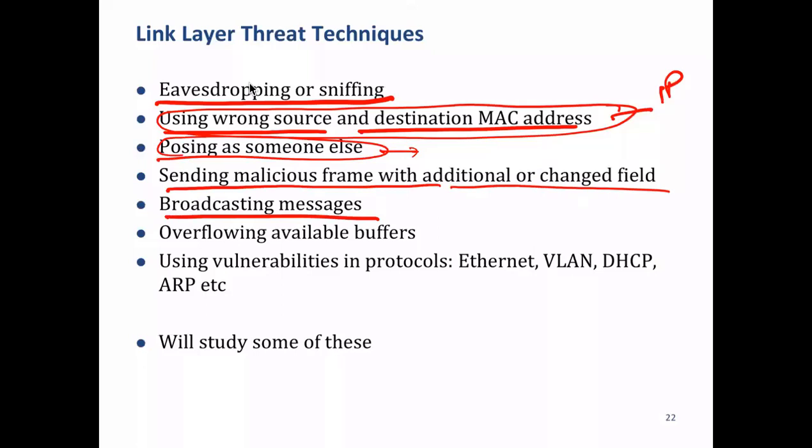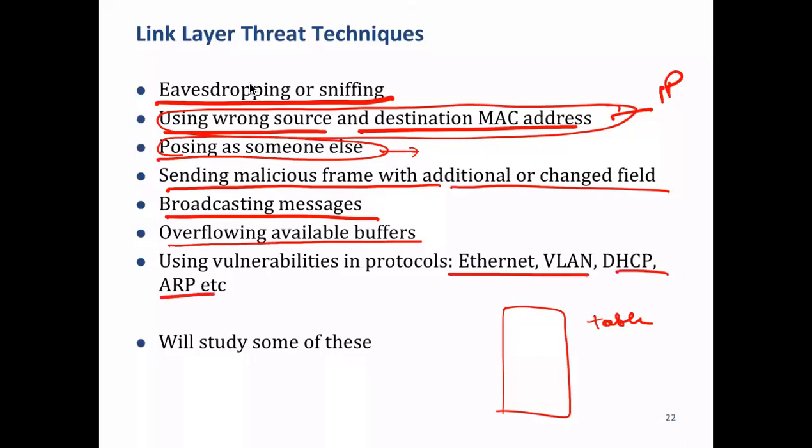It will unnecessarily choke the whole switch after some time. We can overflow the available buffer, and these buffers are there in the switch table that we have just discussed. And then find vulnerabilities in Ethernet, VLAN, DSCP, ARP, etc. We'll study only a few of these.